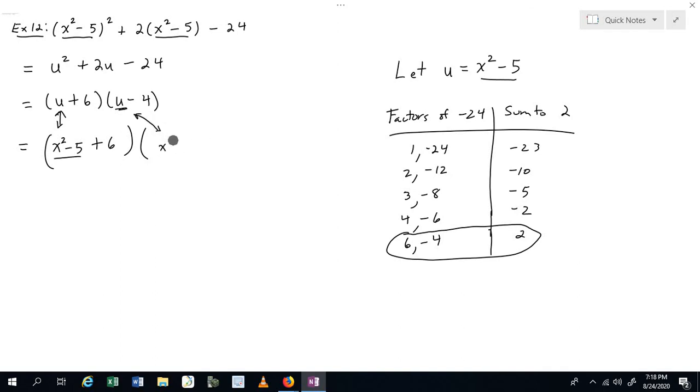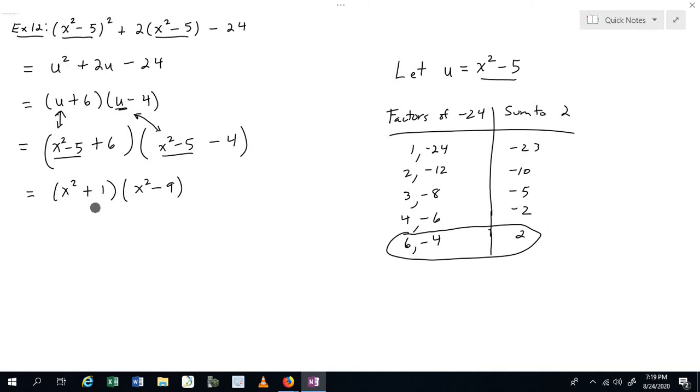That's also x squared minus 5, and then you're subtracting 4 off of that. Look what happens after you do that. Here you get x squared plus 1, and here you get x squared minus 9.